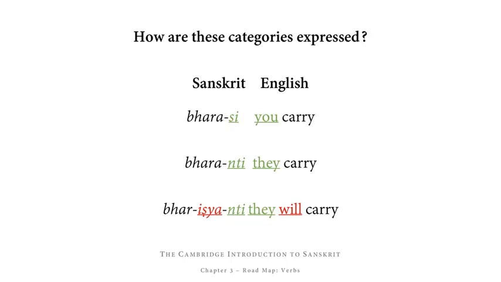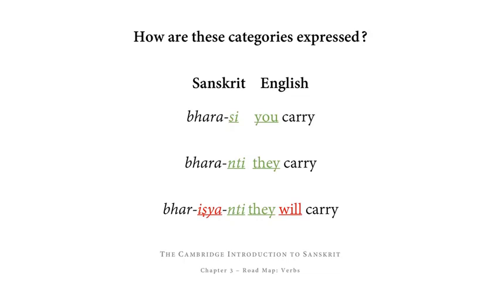In English, you express these categories by adding little independent extra words in front of the verb, whereas in Sanskrit, what you do is you add endings directly to the right-hand side of the verb. So not individual words, but things that are actually glued onto the verb forms. So for example, in English, if I want to say "you carry," then I add a little extra word, "you," in front of the verb "carry."